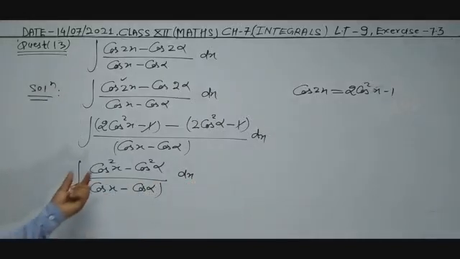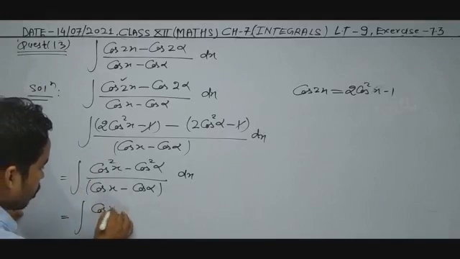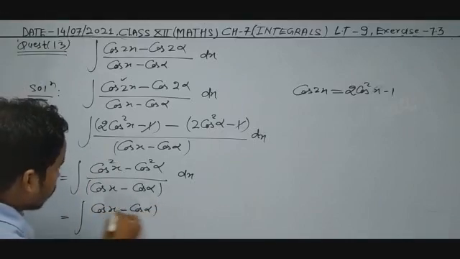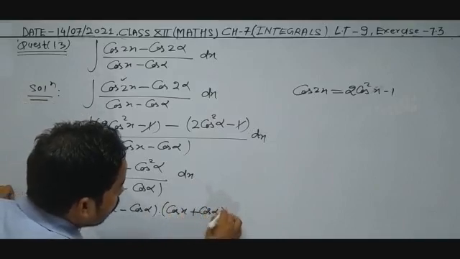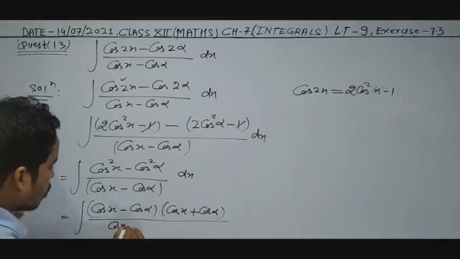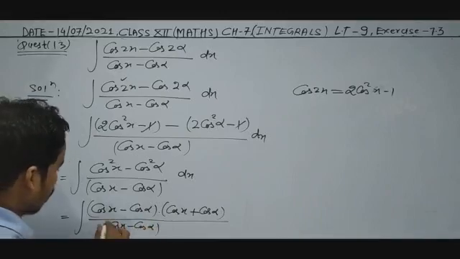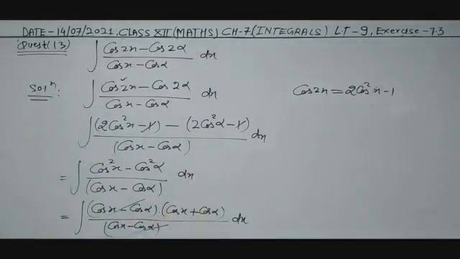Now you know the formula a square minus b square. By using the a square minus b square identity, you can expand integration over cos x minus cos alpha into cos x plus cos alpha whole upon cos x minus cos alpha, and the cos x minus cos alpha term will cancel out and only the expression cos x plus cos alpha will be left.